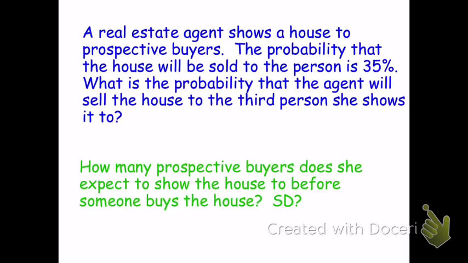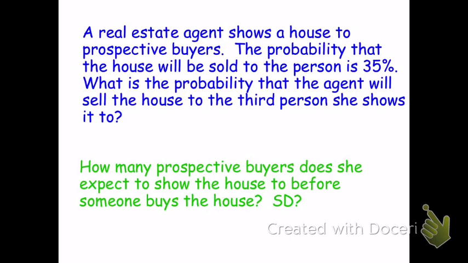So, a real estate agent shows a house to prospective buyers. The probability that the house will be sold to the person is 35%. What is the probability that the agent will sell the house to the third person she shows it to? What would I do here? Is it geometric or binomial?